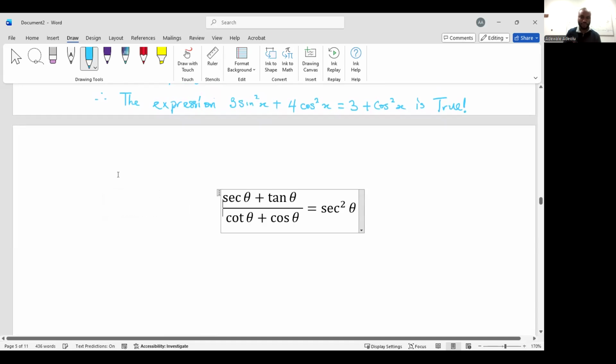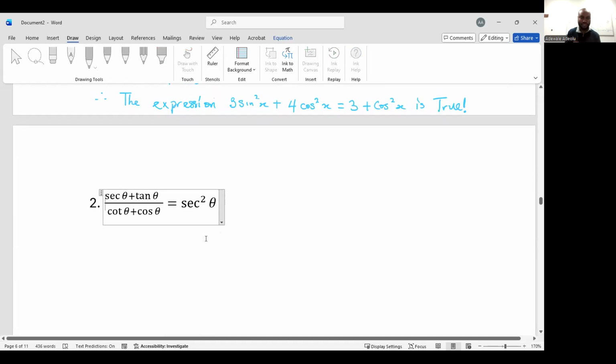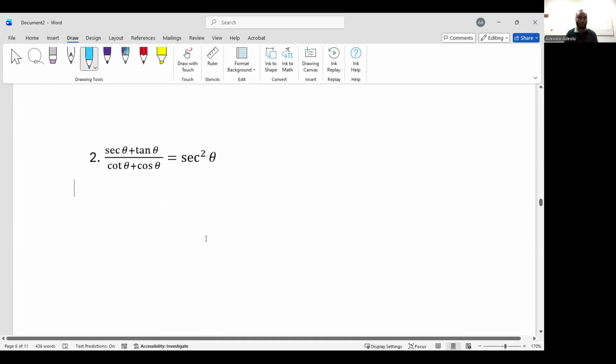Okay, let us see if we can do the same thing to this. Let us start. Again, I will claim that I'm starting from the left-hand side because it looks much more complicated to me.